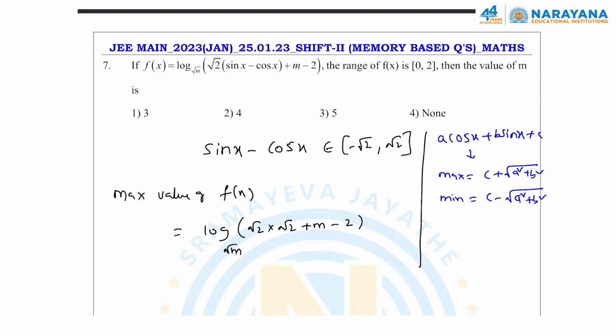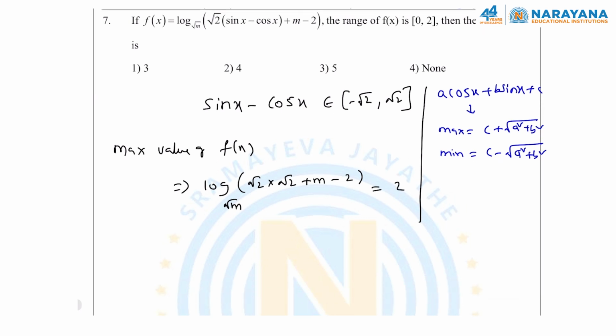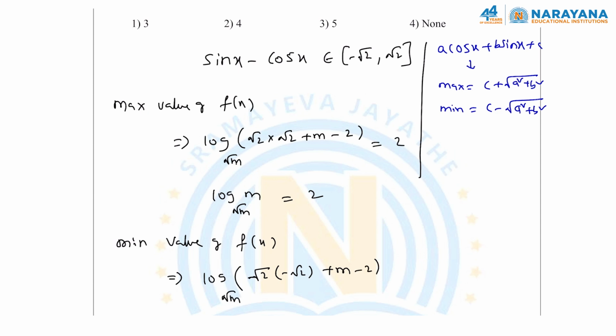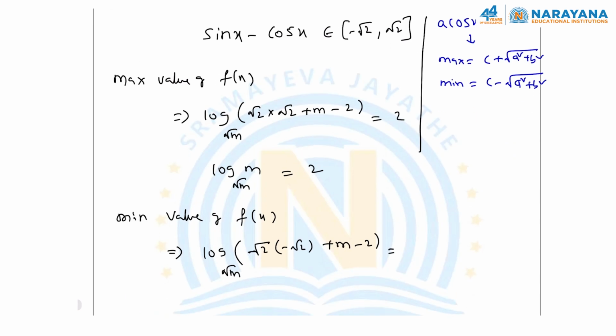This must be equal to the maximum value, which is 2, which means log m to the base root m is equal to 2. Yes, it is anyway true. Now if I am taking the minimum value of f of x, that is log base root m of (root 2 into minus root 2 plus m minus 2) is equal to the minimum value, which is given as 0.